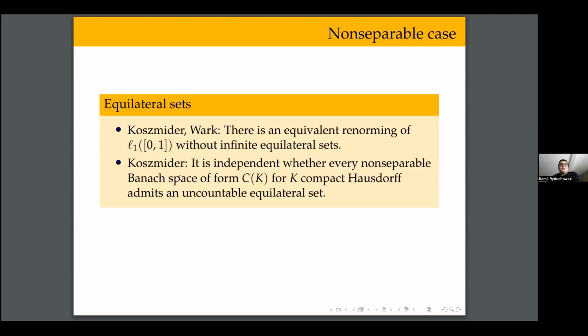For example, whether every C(K) for K compact Hausdorff admits an uncountable equilateral set is independent of ZFC. It is a result of Schmidt.